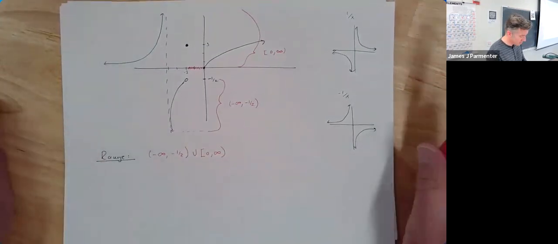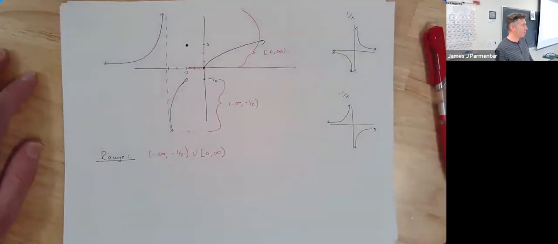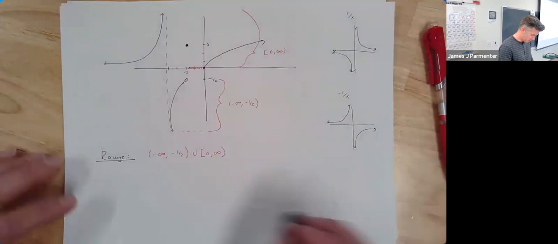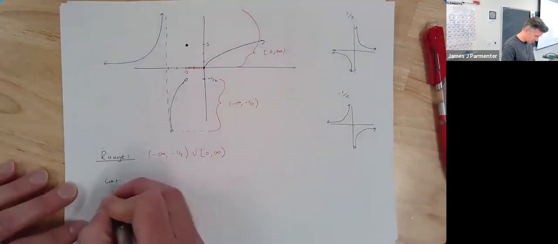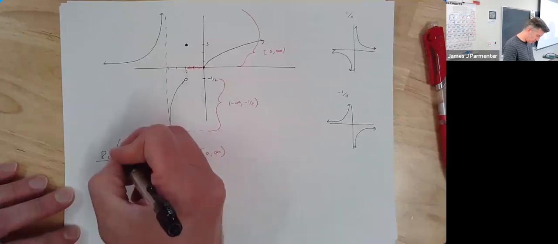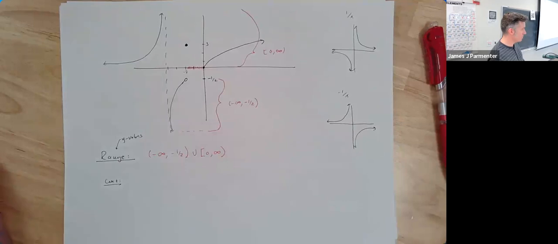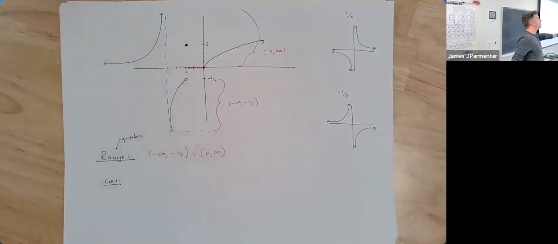And for continuity, I'm just going to look at my graph and see where I don't have breaks. For range, we're talking y values; for domain and continuity, we're talking x values. Important note: anything that's not in the domain cannot be a place where the function is continuous.